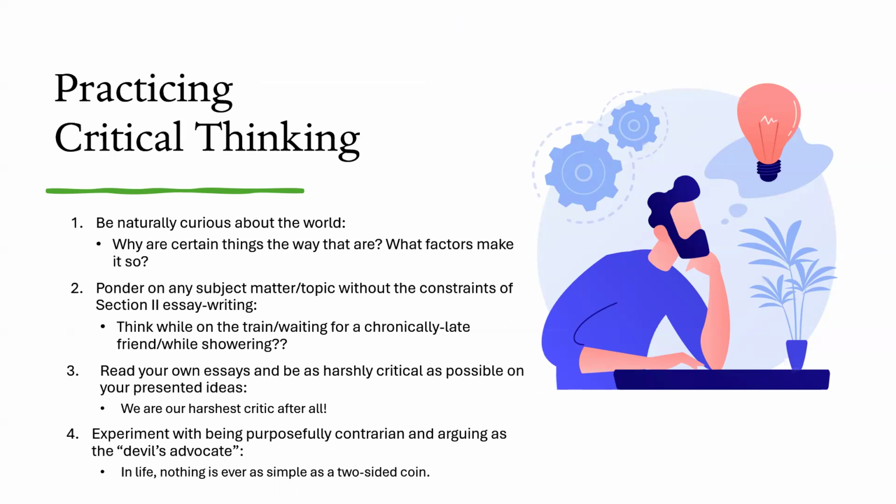So then how do we actually practice critical thinking? We know the how, what can we do? This is something that you can do, not just in front of a piece of paper or in front of your laptop. What I would encourage, and for all my students, I encourage them, is to be naturally curious about the world. Ask ourselves why are certain things the way that they are?